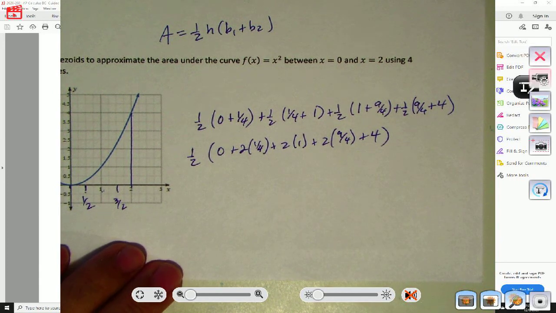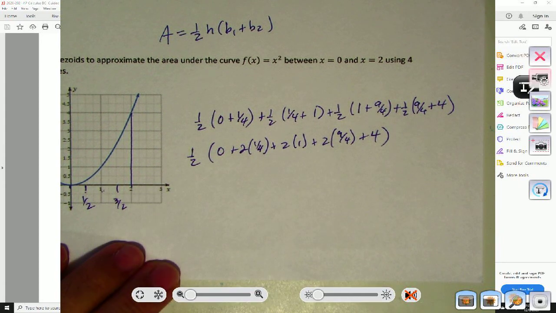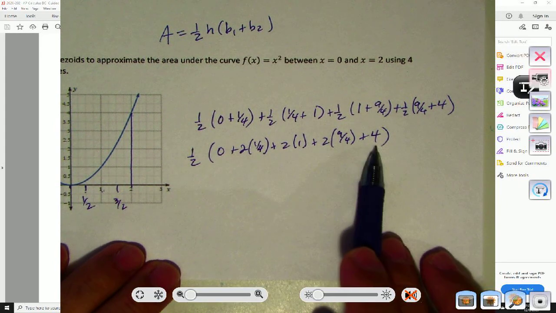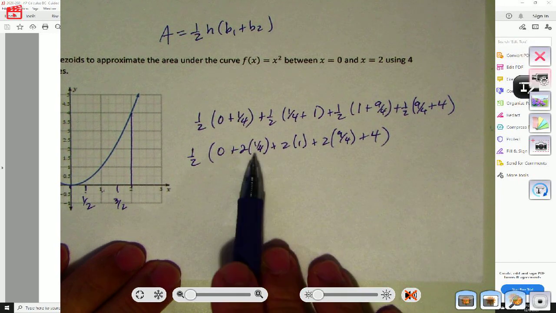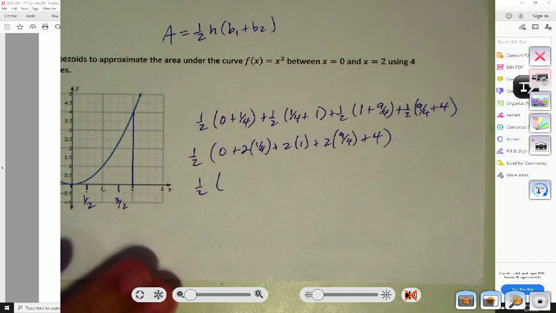You could just throw it on the calculator, just add it all up. Okay. However, what I want you to notice is this pattern, and that's where the formula for the trapezoidal sum is going to come from. Okay, there's an actual formula, right? Where the left endpoint is used once, the right endpoint is used once, and all the endpoints in between are used twice. Okay, now we're going to work this out and get an approximation.